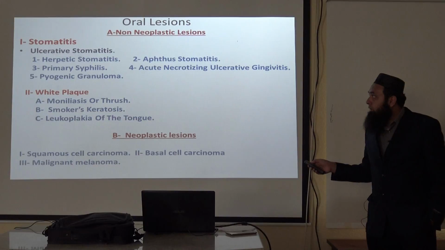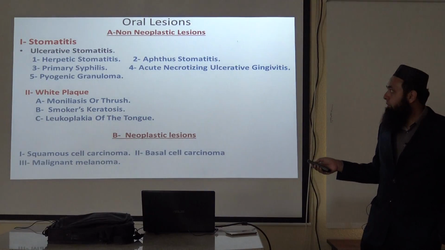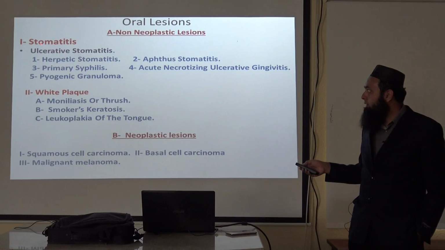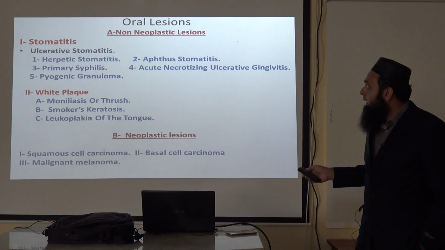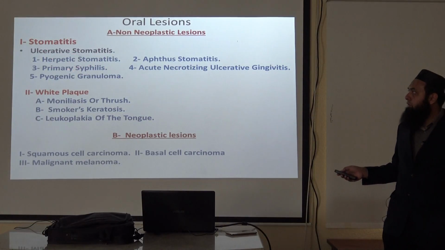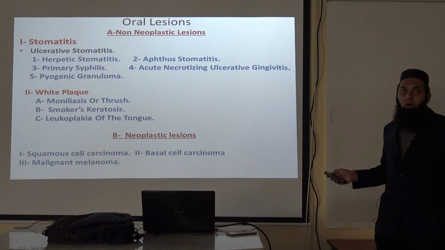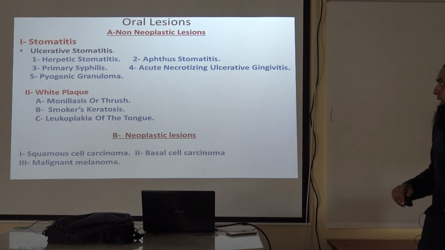Now you can see that it is further categorized into two main categories, stomatitis and white plaque. And this stomatitis is further divided into ulcerative stomatitis, and depending on the cause or the morphology, we further divide into subtypes.